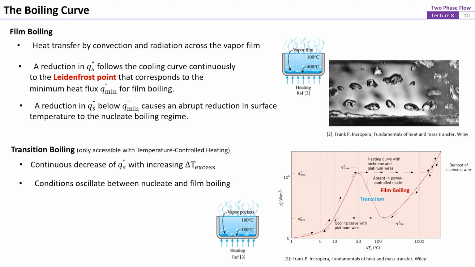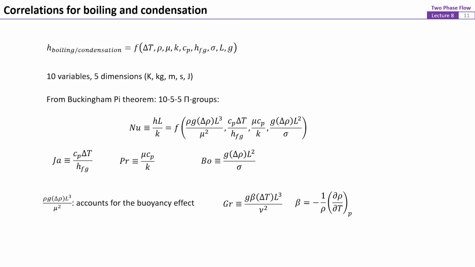Precision control of temperature to attain the transition boiling is not only difficult, but also impractical for most applications, since the heat flux actually decreases with increasing the excess temperature. Due to its complexity, deriving theoretical relations for predicting the heat transfer with boiling is extremely difficult.